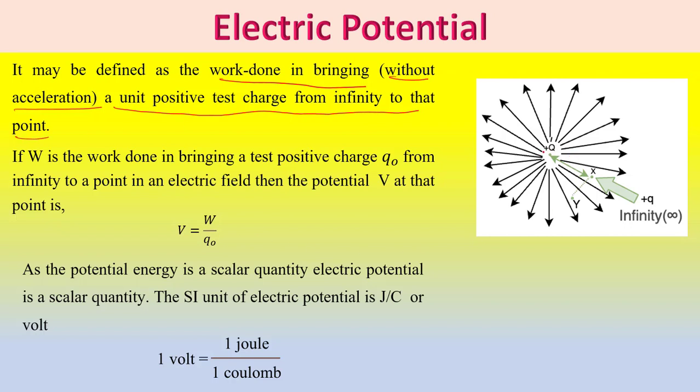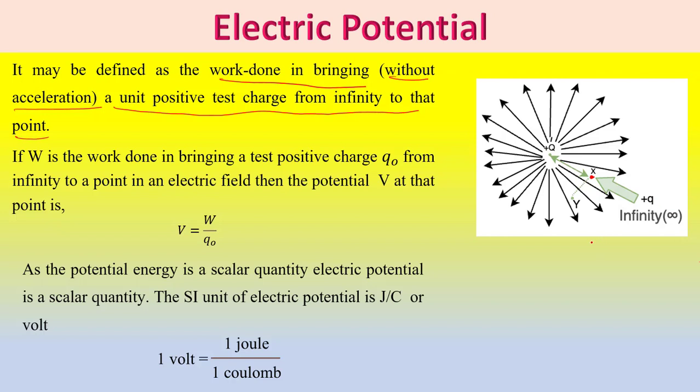So we have some kind of charge distribution, and because of that charge distribution there is an electric field in the surrounding region, and we want to find the potential at this particular point. यहाँ पर मुझे find करना है, right? So at this point I want to know how much is the potential. So what I will do to know that, I will take a unit positive test charge from infinity to that particular point, and I will find how much work is done.